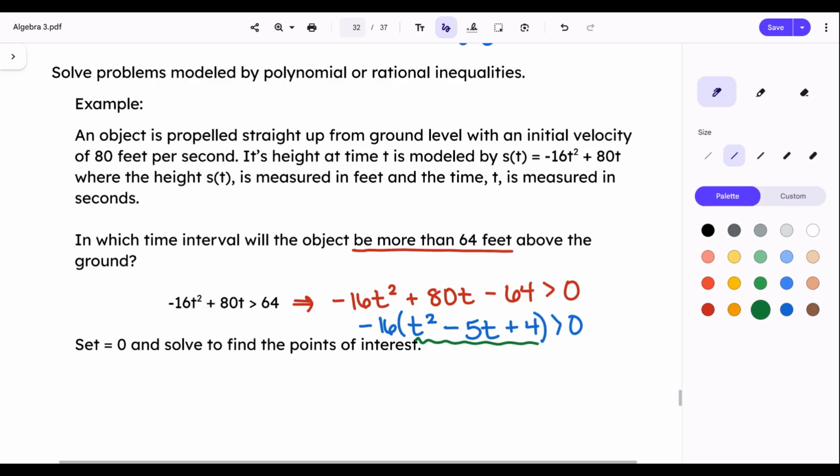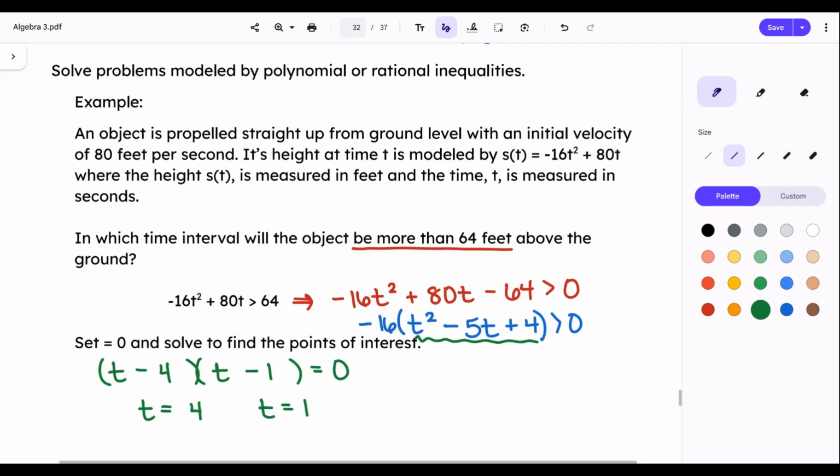What are the numbers that work for this? They both have to be negative, right? t minus 4, t minus 1. If you set those equal to 0, what do you get? Good, 4 and positive 1.